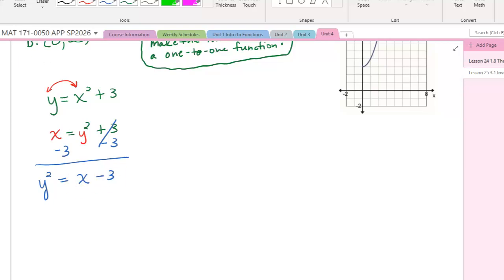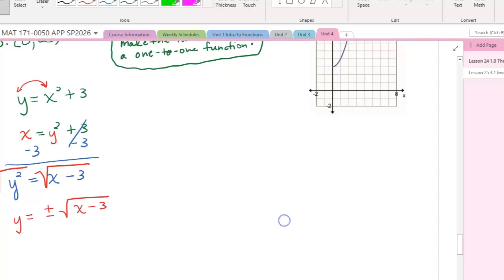Now to solve for y, what we need to do is take the square root of both sides. So the square root of y squared is y, and the square root technically is plus or minus the square root of x minus 3. Now the square root of x minus 3 can be graphed.